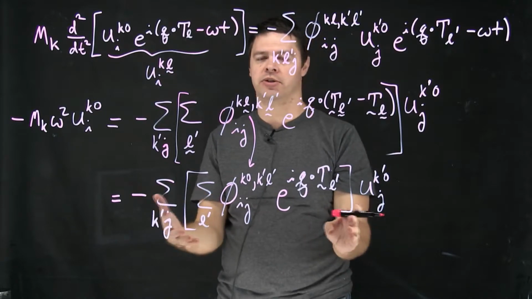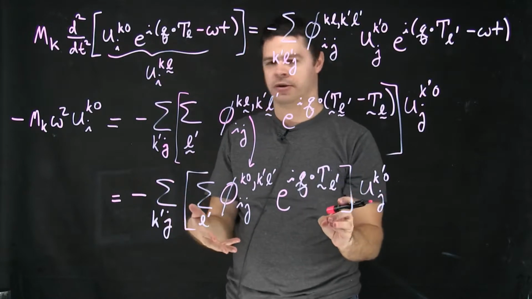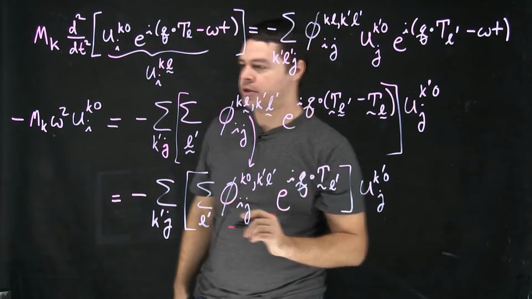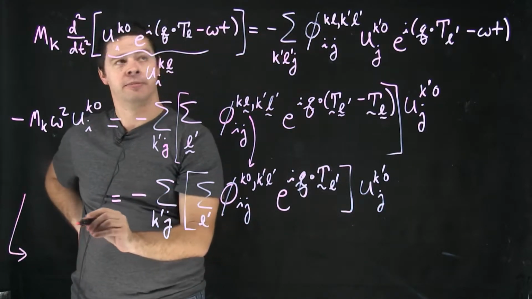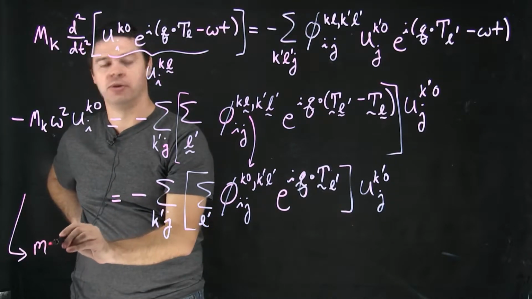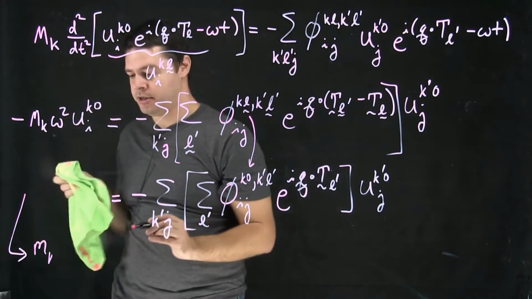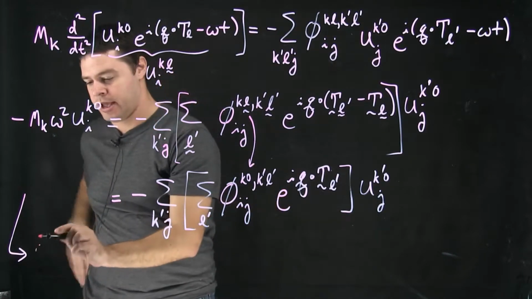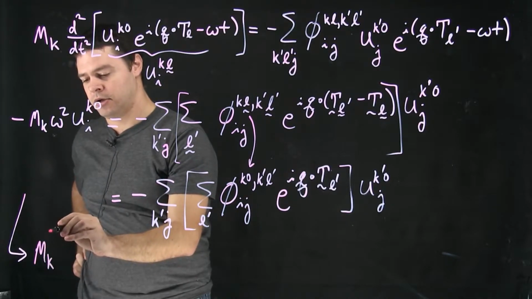This is pretty close to our final result, but there's one additional thing that people typically do. Let's see, do I have enough space to do it here? I do. An additional trick that people do to make this look a little bit cleaner is they define what's called a mass-reduced displacement. I'll redefine the displacements using a change of variable as m_k to the, is it half?